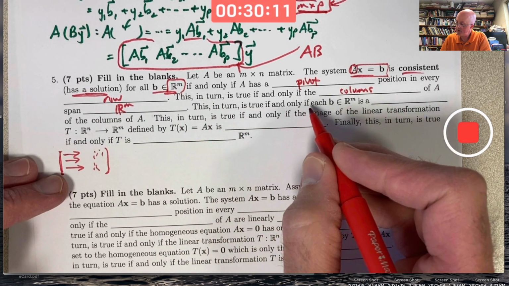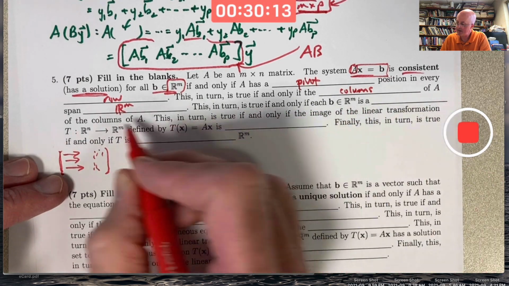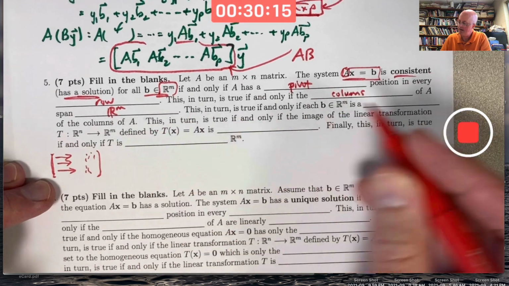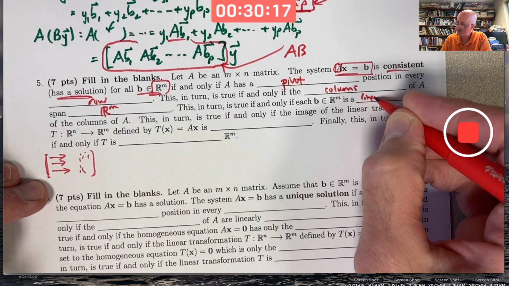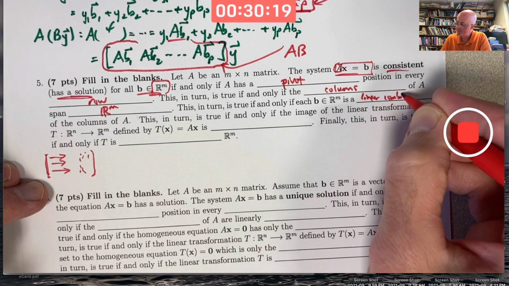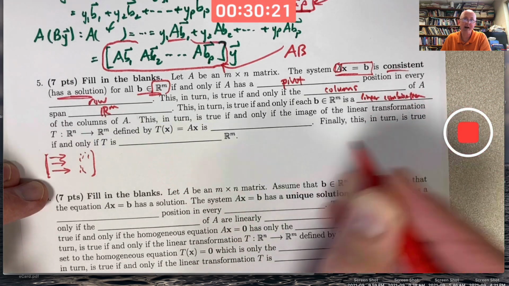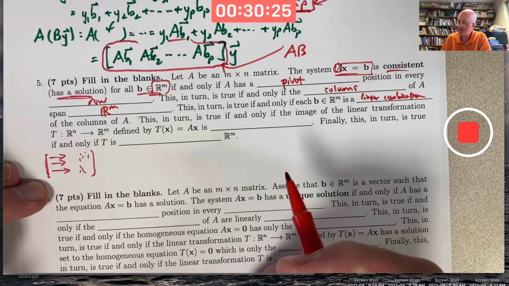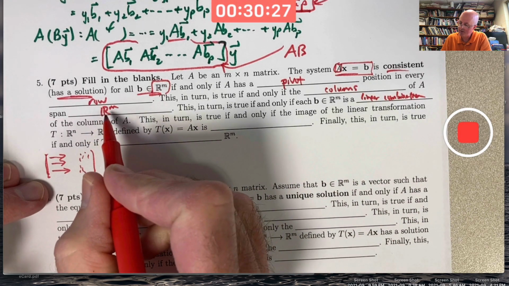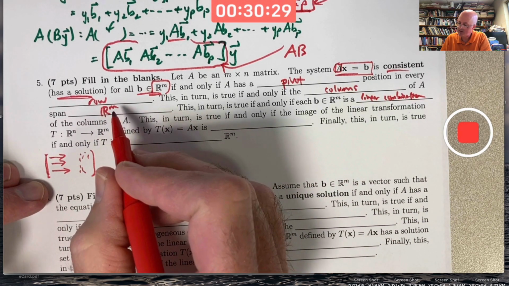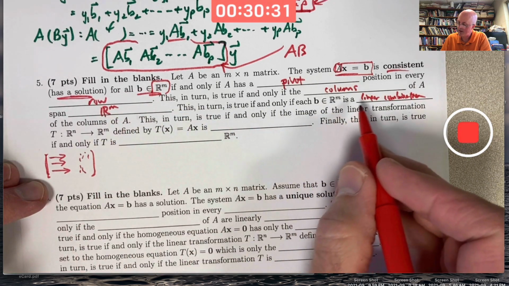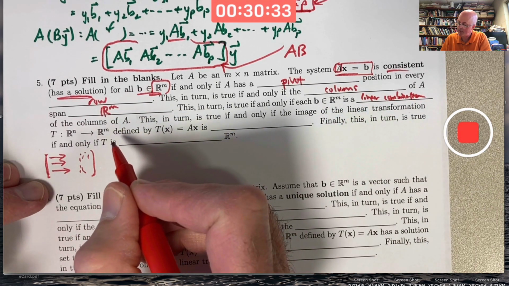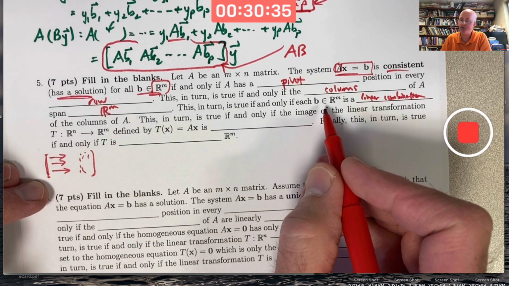This in turn is true if and only if each b in Rm is a blank of the columns of A. Linear combination. That's how you create the column space of A, is you consider the set of all linear combinations of the columns. It's going to equal all of Rm when the set of linear combinations will give you any arbitrary b in Rm.